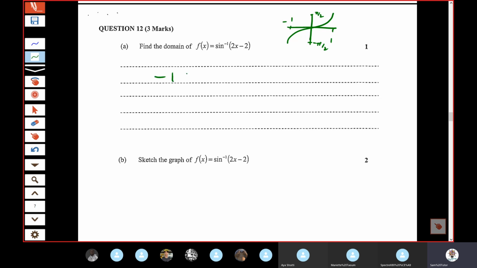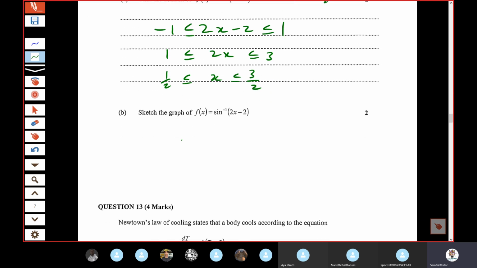So negative 1 less than or equal to 2x minus 2 less than or equal to 1. You just substitute, plus 2 to everything. 1 less than or equal to 2x less than or equal to 3, divide by 2. It's going to be between a half and 1.5. And then just draw.